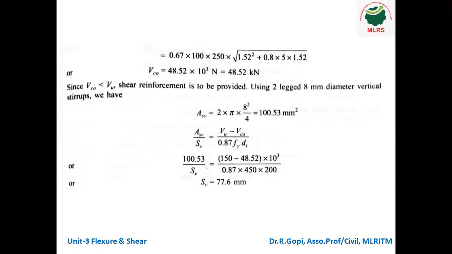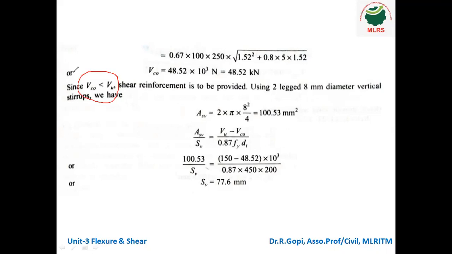So this beam is not safe, and we have to design the shear reinforcement. You have to write this statement: since Vc0 is less than Vu. What does this mean? It means shear resisted by concrete is less than the ultimate shear force.